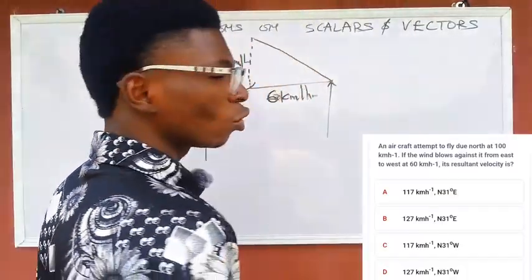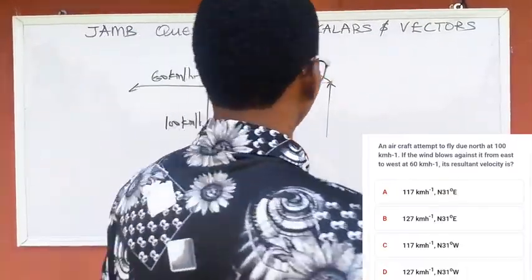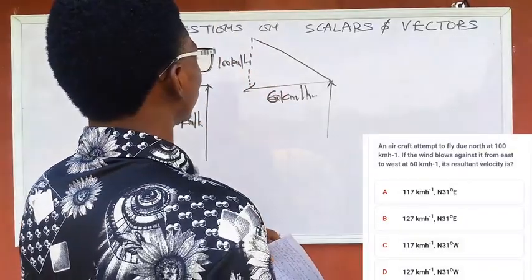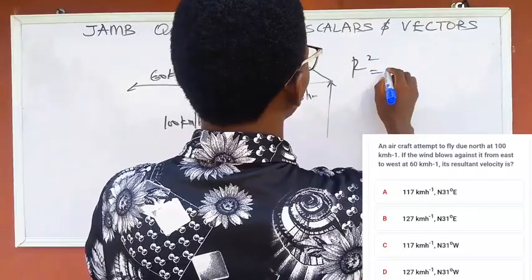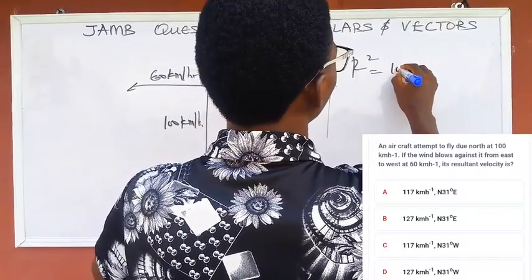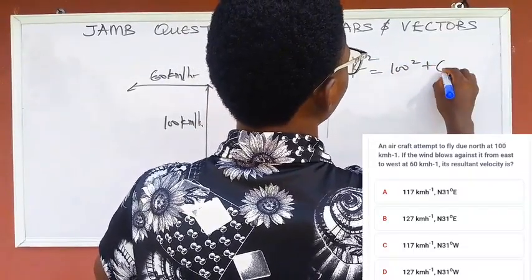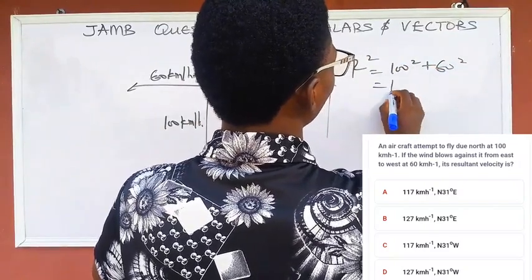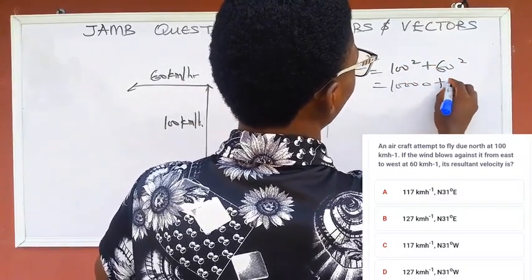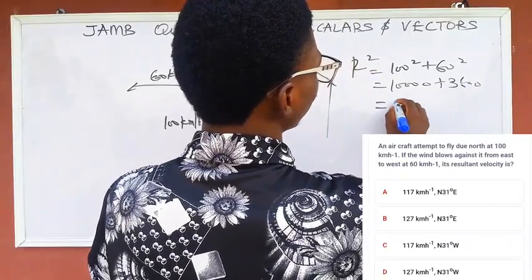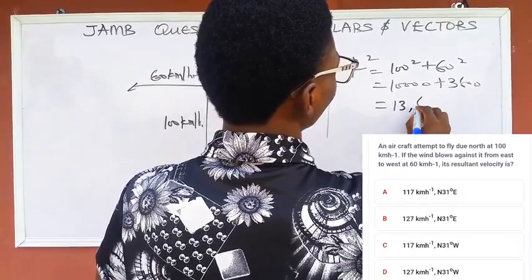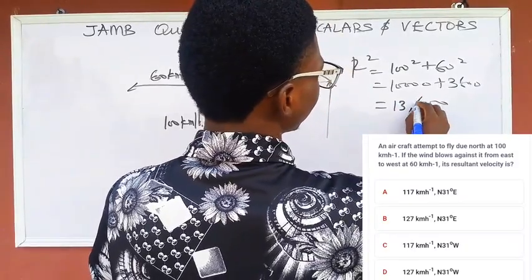Pythagoras theorem again. So you must understand some mathematics to be able to solve some physics. Our resultant, R squared, will now be 100 squared plus 60 squared, which is equal to 10,000 plus 3,600, which equals 13,600. Am I right?